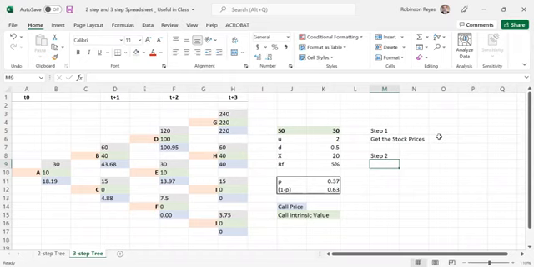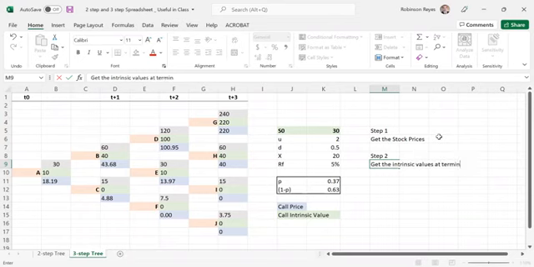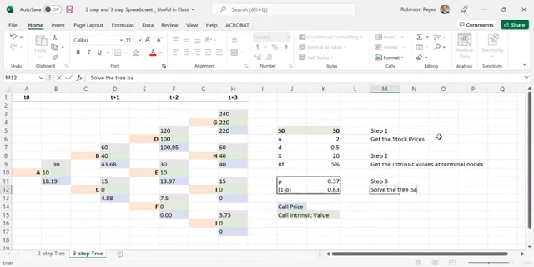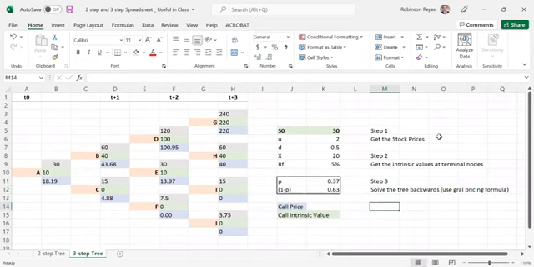Then step two, after you get the stock prices, is to get the intrinsic values at the terminal nodes, G, H, I, and J. Then step three, solve the tree backwards, using the general pricing formula, and basically that covers it.